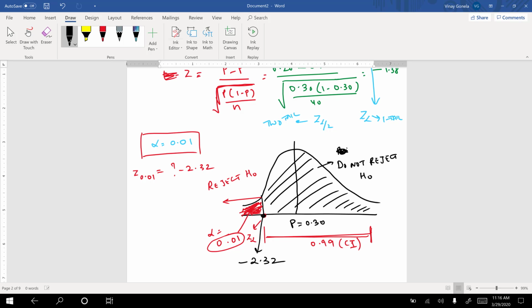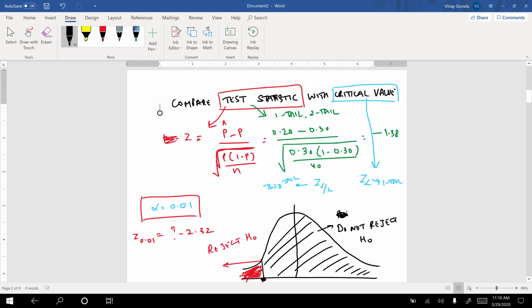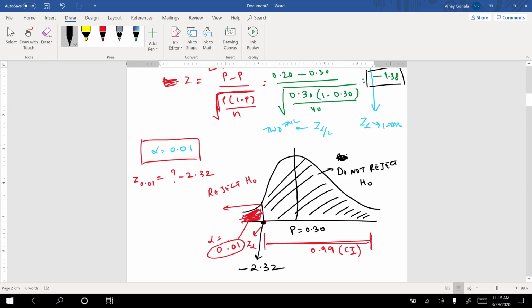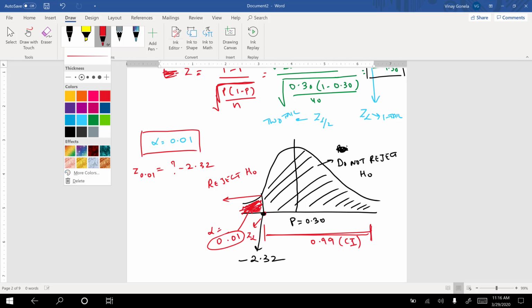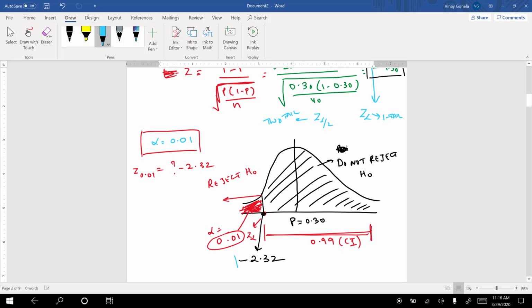So now you will go and look for your test statistic value. Our test statistic value is negative 1.38. So where will negative 1.38 be? Negative 2.32, so negative 1.38 will be on the right side of that value, somewhere here.